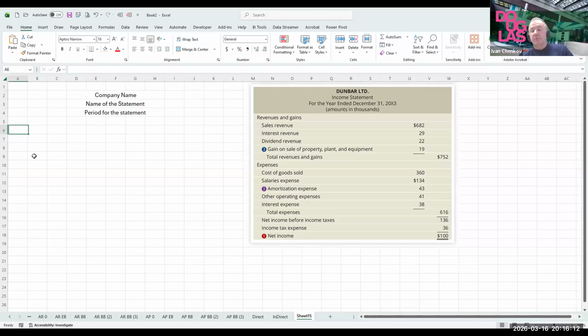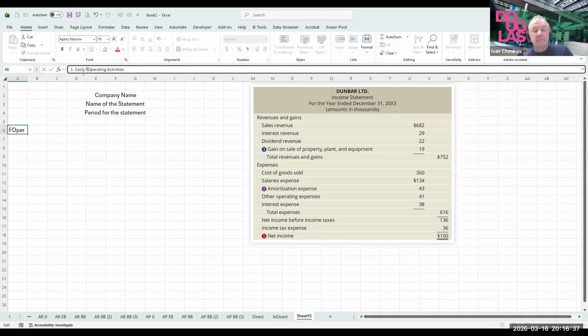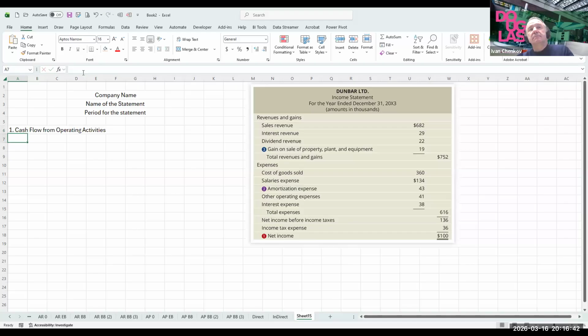Then we have to write which section of the statement of cash flow we're preparing, and we're preparing operating activities. And we can put here cash flow from operating activities. We're going to see later how exactly the terminology is.